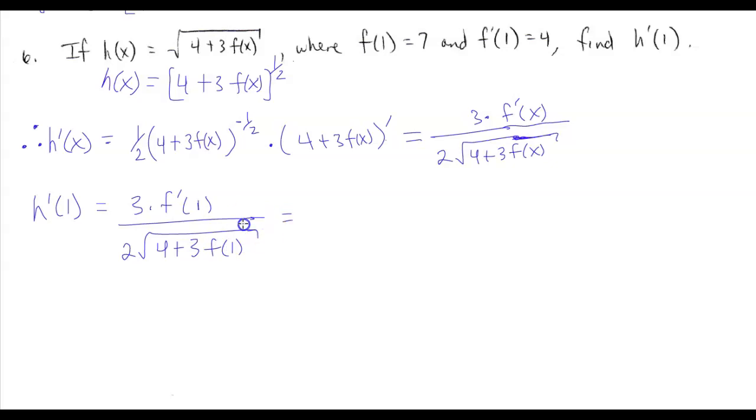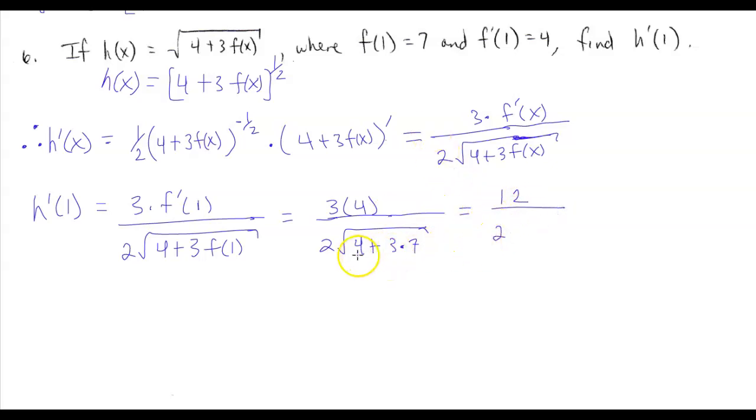And then from here, we just use the information that we're given and fill in. So we know f prime of 1 is 4. So that'll be 3 times 4 here. 2 times square root of 4 plus 3 times f of 1 is 7. And so in the numerator, we get 12.